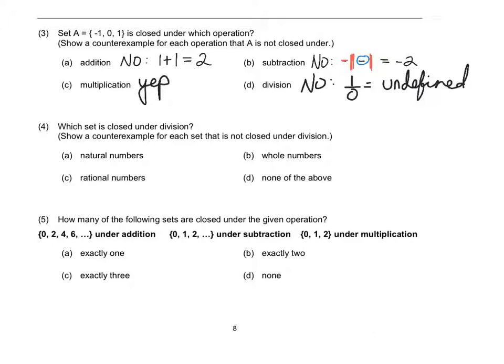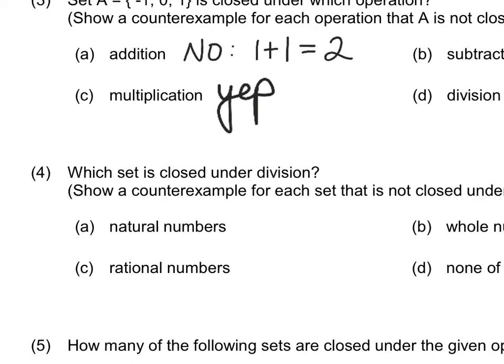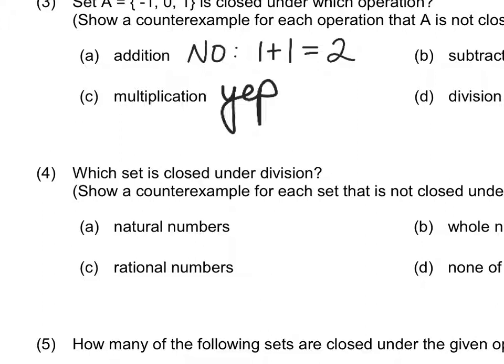So what do we say for A, the set of natural numbers? Is that closed or not closed? It's not closed, and my example is 1 divided by 2.